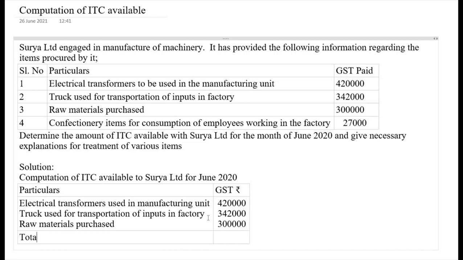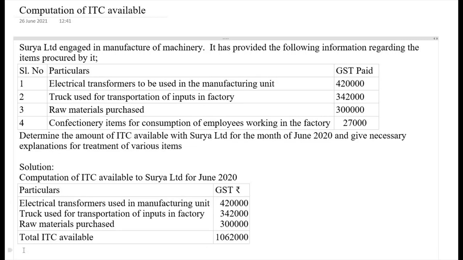Then total ITC available is rupees 4,20,000 plus 3,42,000 plus 3 lakhs, which comes to rupees 10,62,000. This is a 5 marks question.